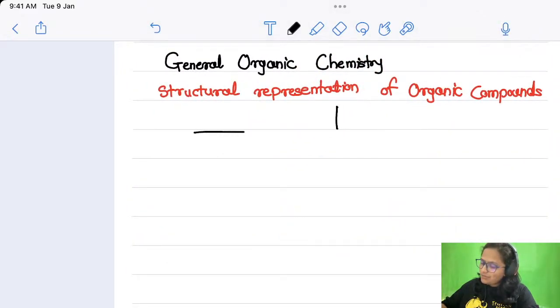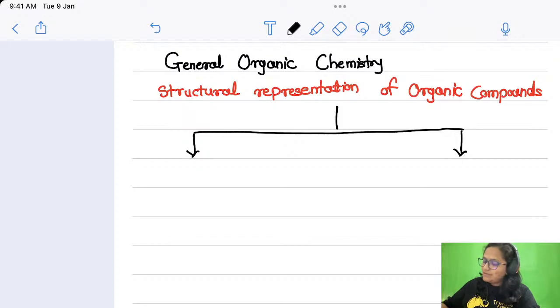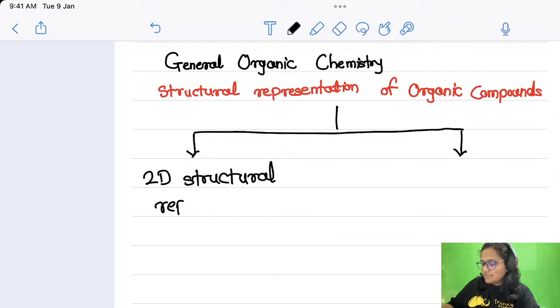So first of all, it is divided into two parts. First is the 2D or two-dimensional structural representation.